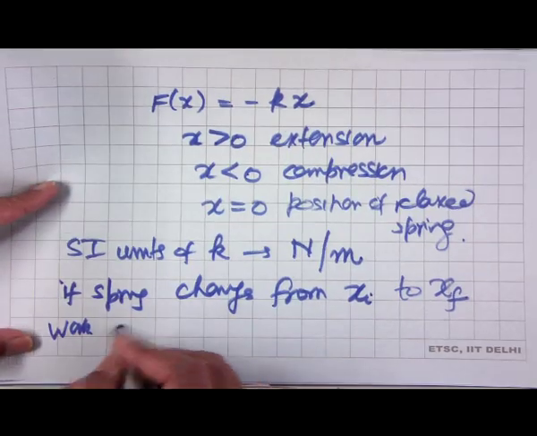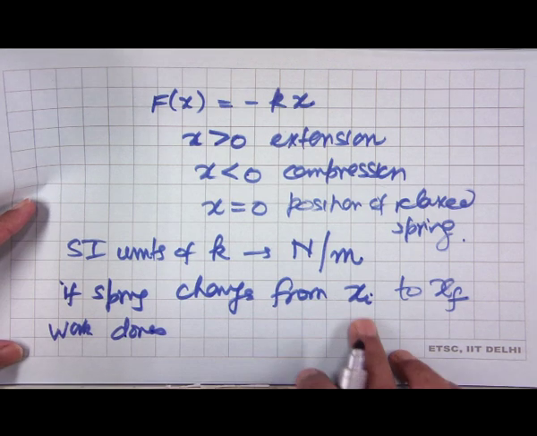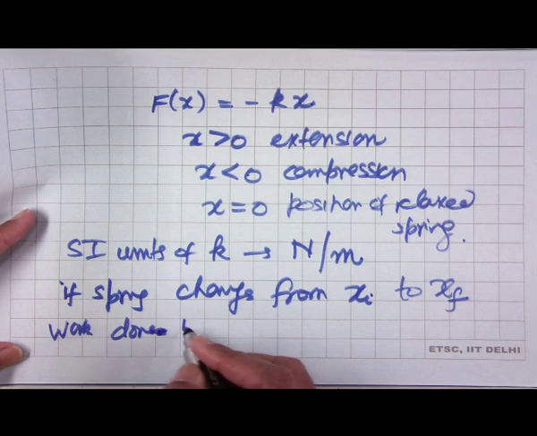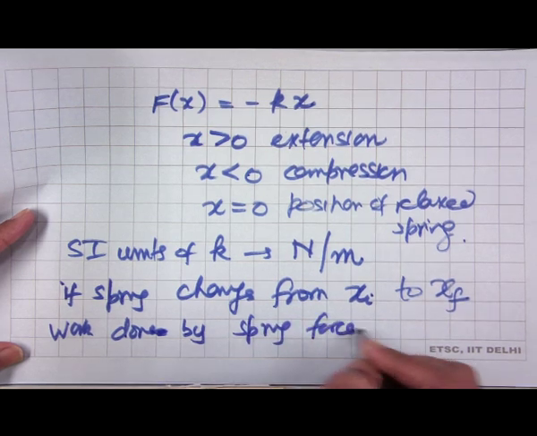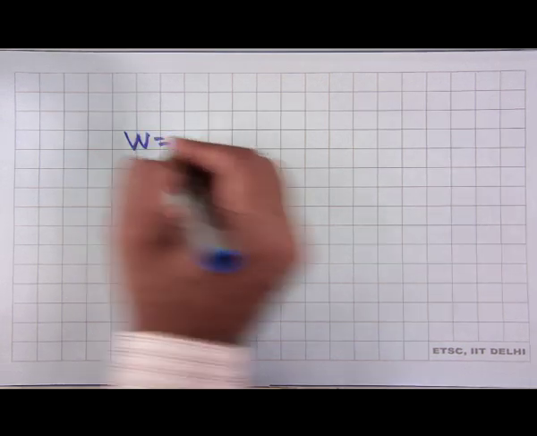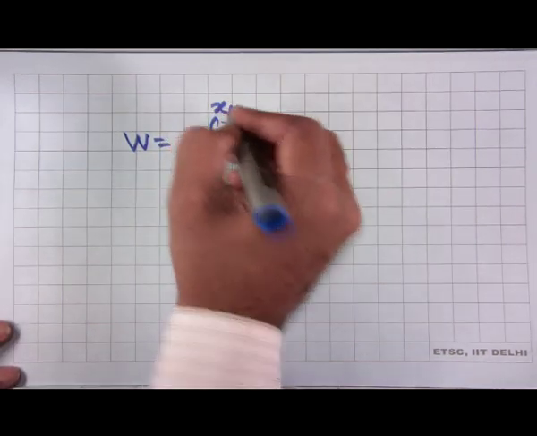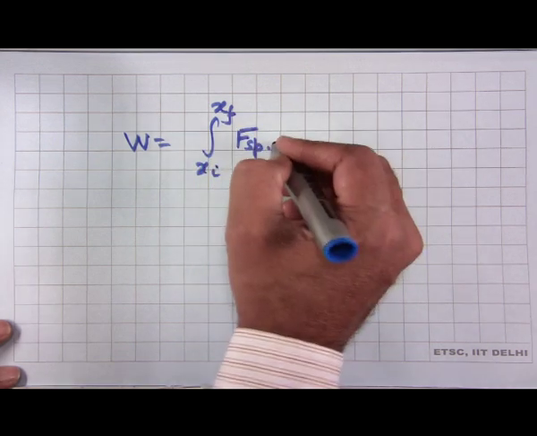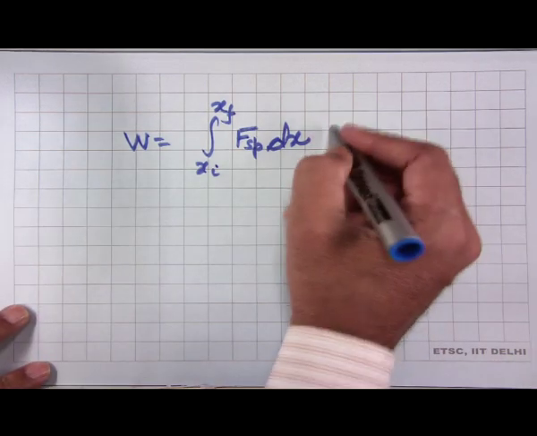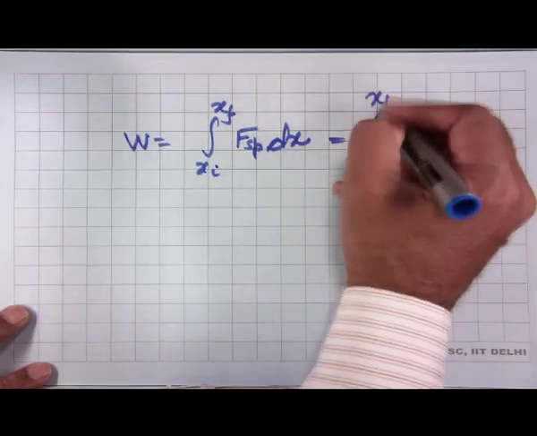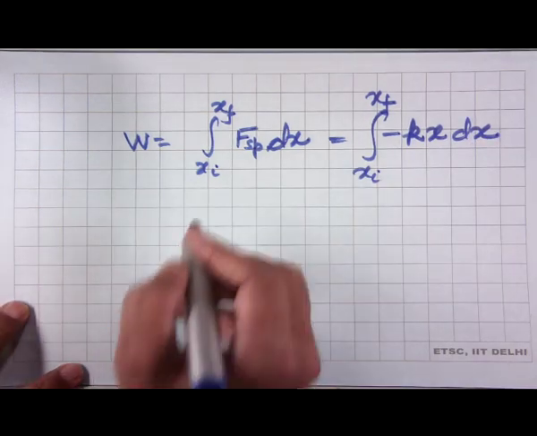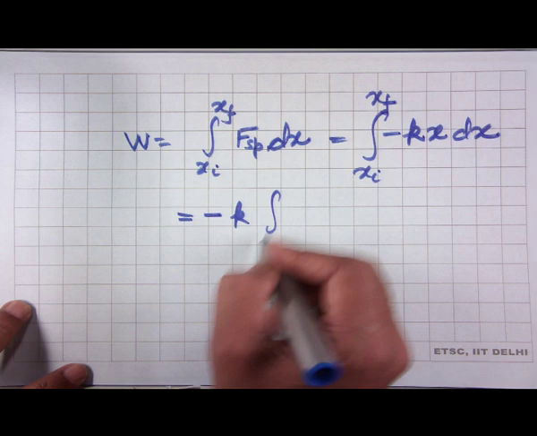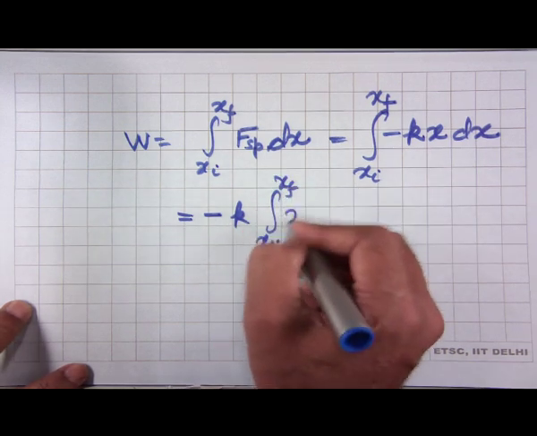Then we want to find the work done by the spring force. If the spring undergoes the change of configuration from xi to xf, then the work done by the spring force will be equal to the integral from xi to xf of the force due to the spring times dx. So, this will be the integral from xi to xf of minus k times x dx, which equals minus k times the integral from xi to xf of x dx.